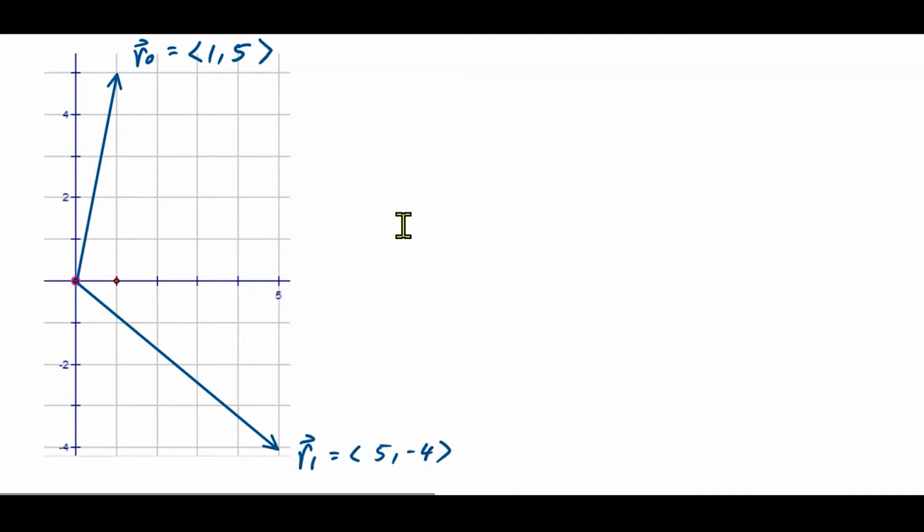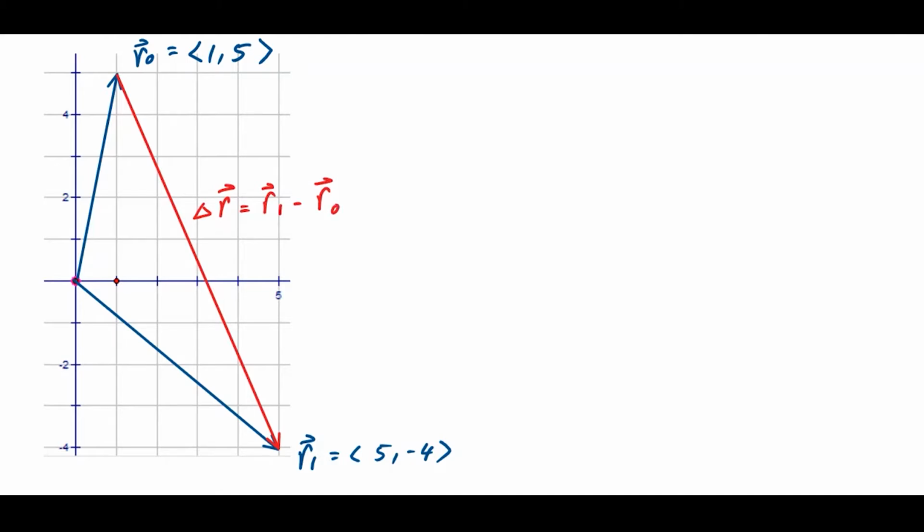And now I want to figure out R1 minus R naught, also known as delta R. Get it? So let's throw another vector here. Vector subtraction, if you remember, looks like this. Make that red. So this vector is delta R, which is R1 vector minus R0 vector.